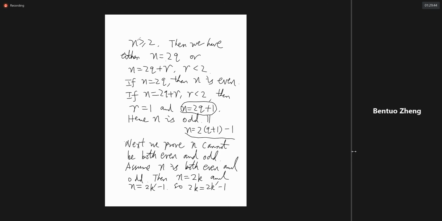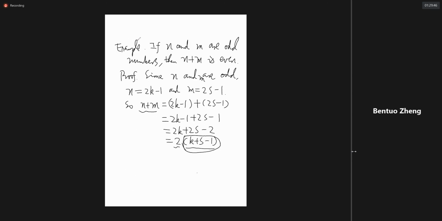So in here, although you write m plus m is equal to 2 times this something, you still have to verify this k plus s minus 1 is a natural number. In this case, k and s are natural numbers, so you know k plus s minus 1 must be an integer. To show it's a natural number, you have to show it's greater than or equal to 1. So that's what you need to verify.